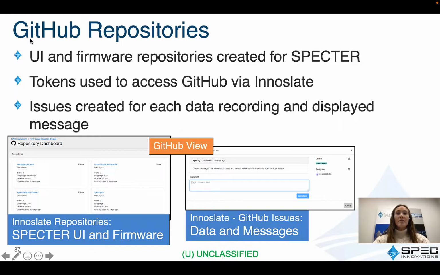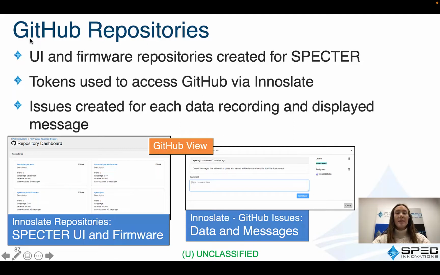This included an issue for detecting obstacles in the front and rear of the rover body, calculating the distance obstacles are from the front and the rear of the rover body, displaying these two distances on the user interface, displaying an obstacle collision warning when an obstacle reaches 0.5 meters from the rover body, reading the voltage output of the prototype's battery, displaying live voltage output of the prototype's battery in the UI, and displaying the SPEC Innovations logo.